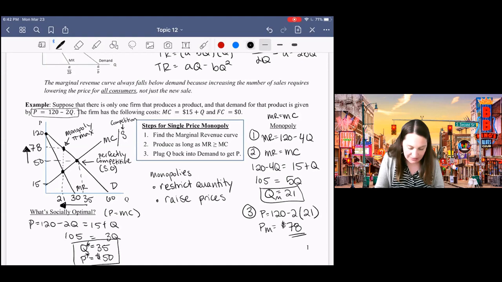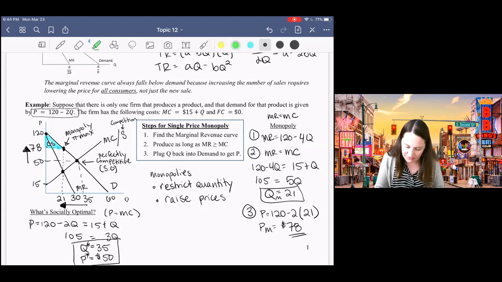So what's happening here, we can label our surplus at the monopoly quantity, right? Consumer surplus would be this triangle here above the price and below the demand curve. That's consumer surplus.